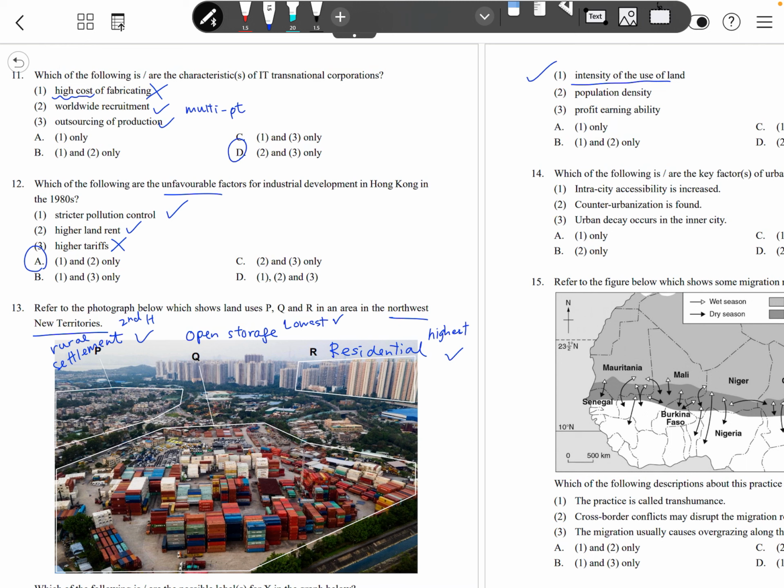Population density also matches: highest in residential, second highest in rural settlement, and the lowest in open storage. Profit earning ability: in the pictures, only the open storage can earn profit, so it should not be the lowest. So number 3 is not correct. For open storage, the profit earning is the highest among the three. So the answer is 1 and 2, B.